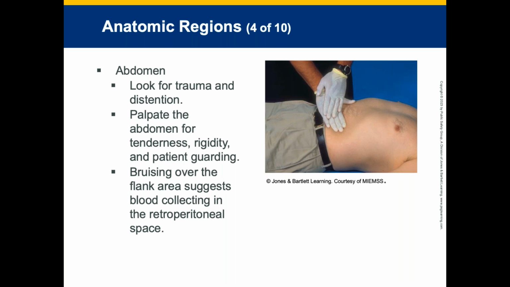Visually inspect. Do I notice any bruising? Right? If you have bruising on the flank, what is the other name for that? Bruising on the flank is called what? Almost there, guys.